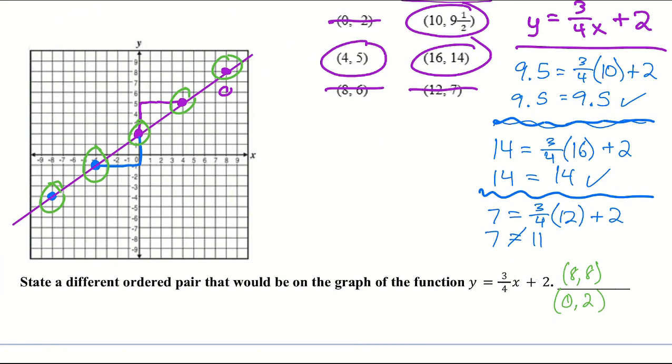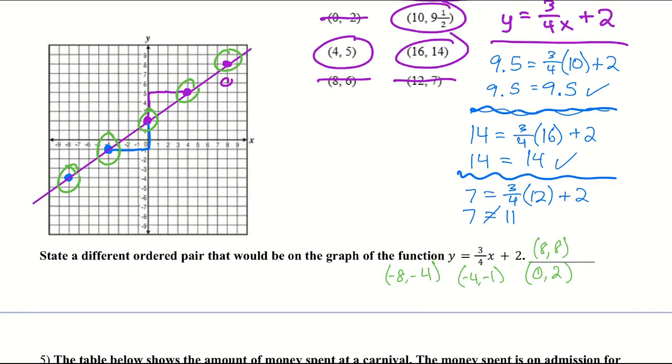We could use, looks like -2, -3, -4, -1. And then the last one on here, which again, you could pick any that you want. You would just have to use the equation for it. But the last one on here that I see is -8, -4. So no real math required on those, just picking out those crosshairs that we have for that.